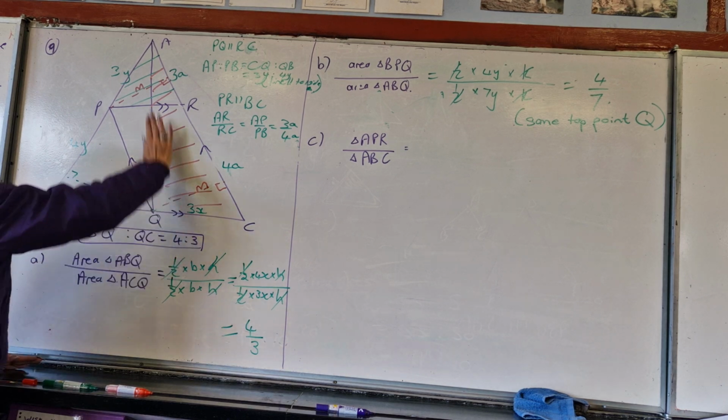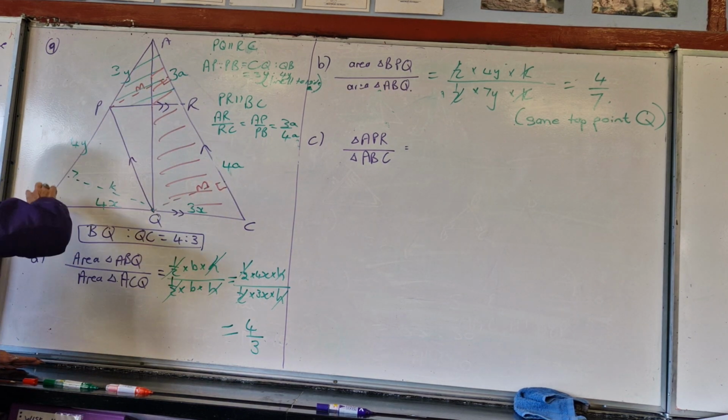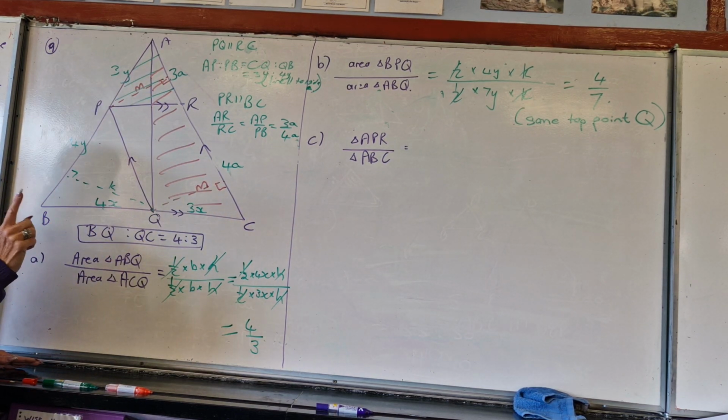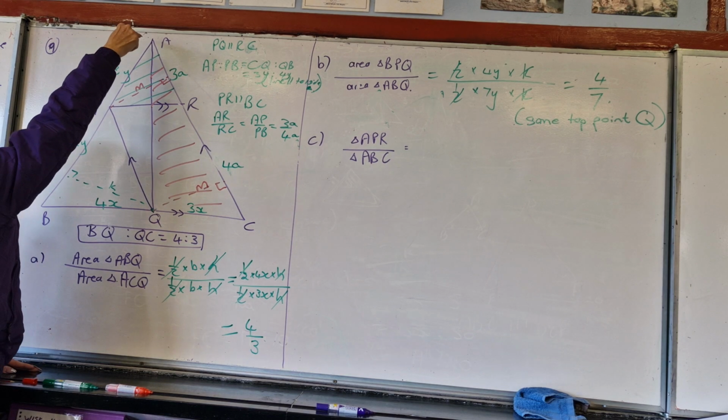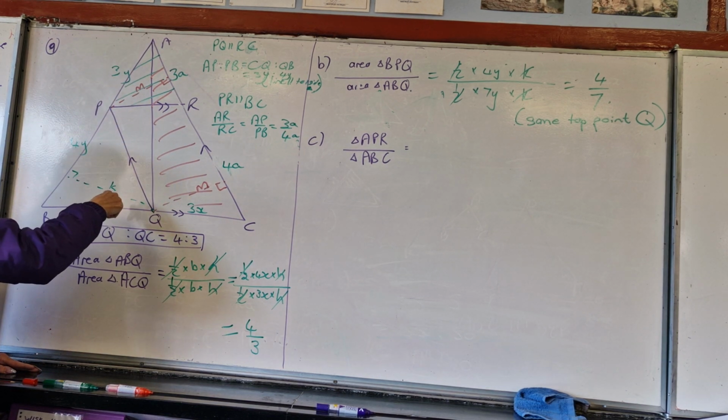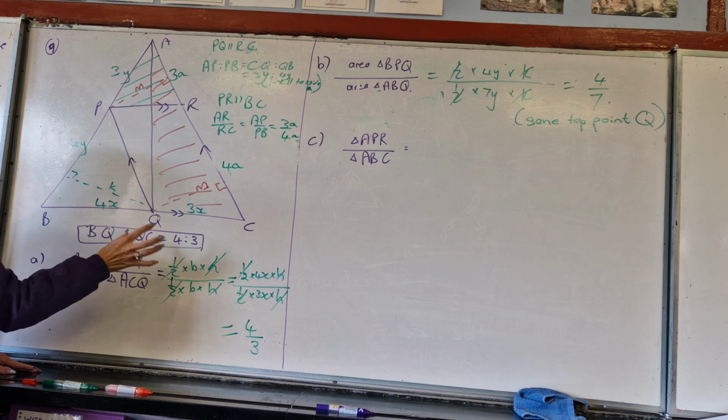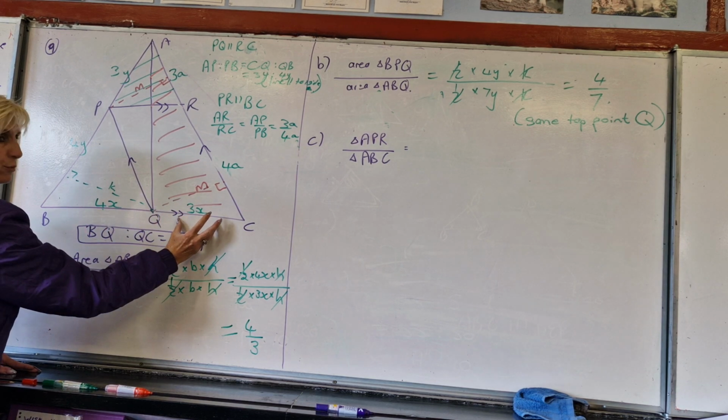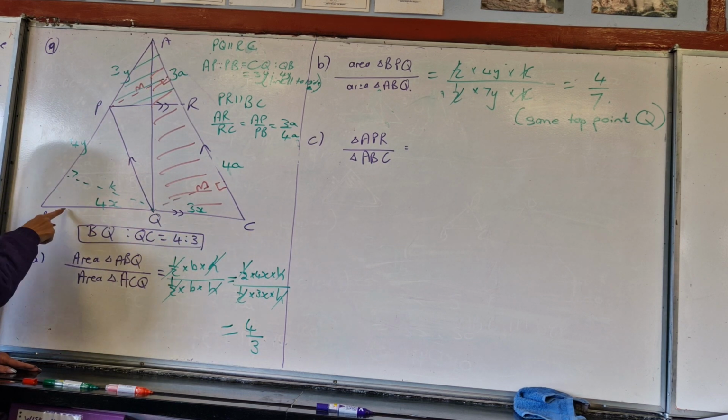So if you're looking at the red and the total one, both of them have the same height coming from A. But the bases are not the same. For the red one, it would be 3x in this instance, and the big one would be 7x.